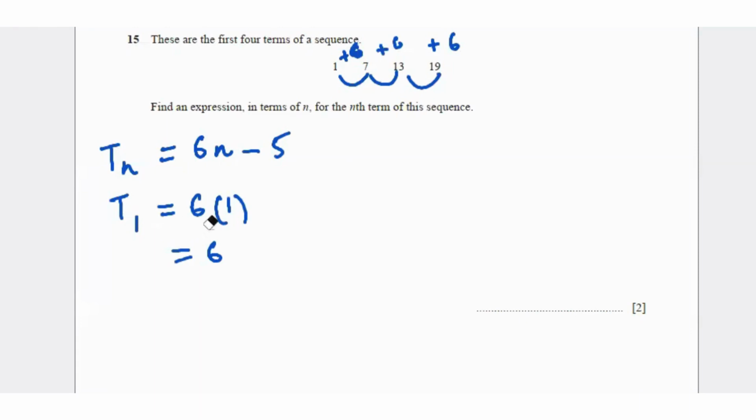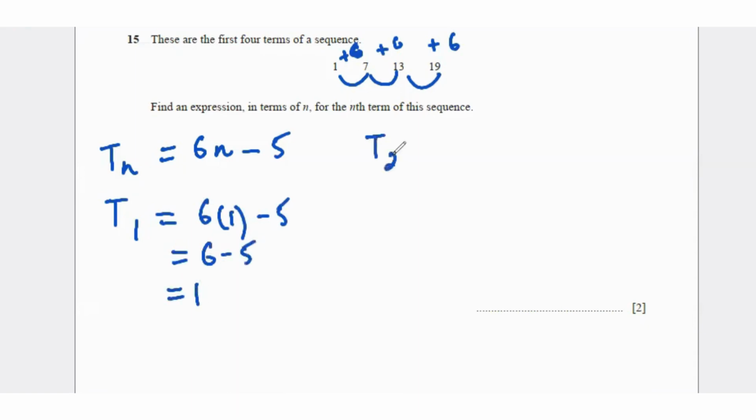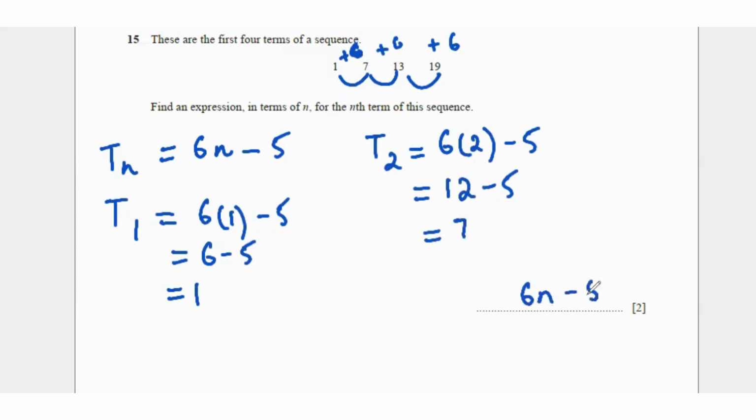So now let's make the expression again. So t1 would be 6 times 1 minus 5, which would be 1. If you check for the second term, 6 times 2 minus 5 would be 12 minus 5, which is 7, which means the nth term is 6n minus 5.